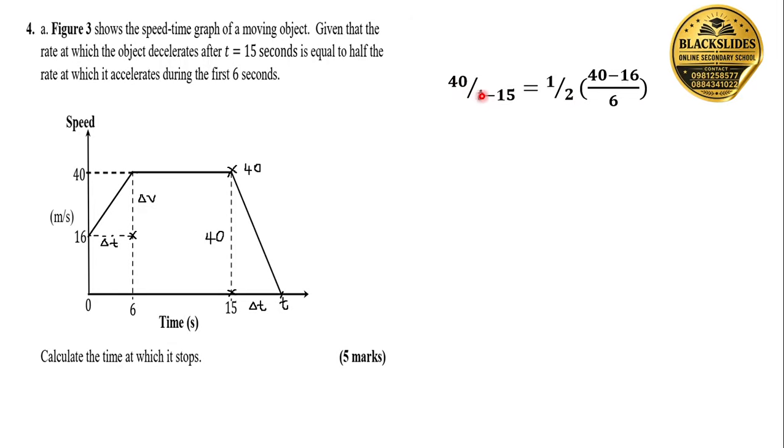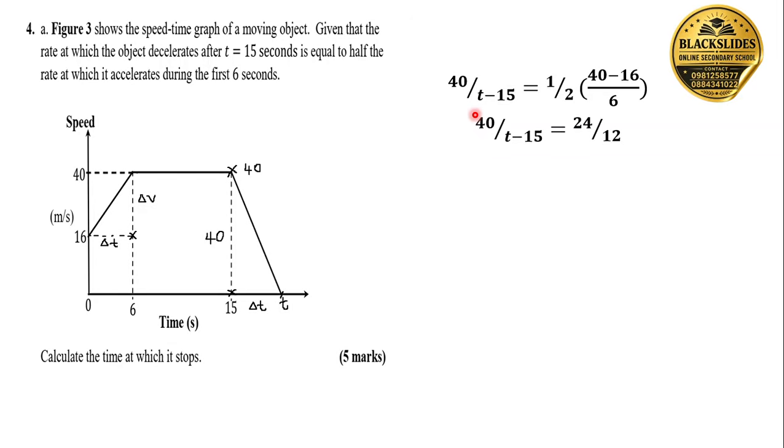This part represents the deceleration in the time t, from 15 seconds to the time t. So what we are doing now is to calculate the time at which it stops. We need to solve this equation for t.